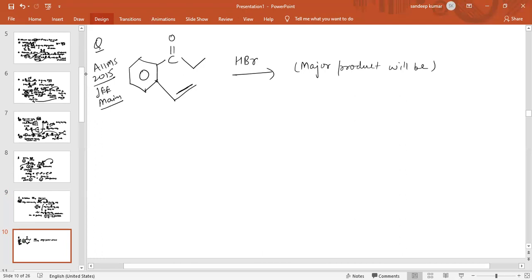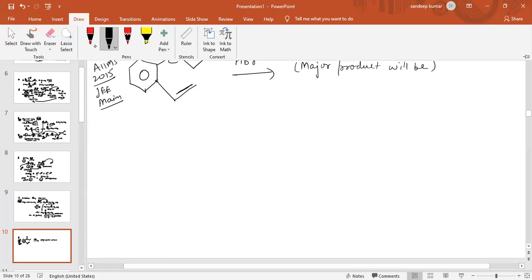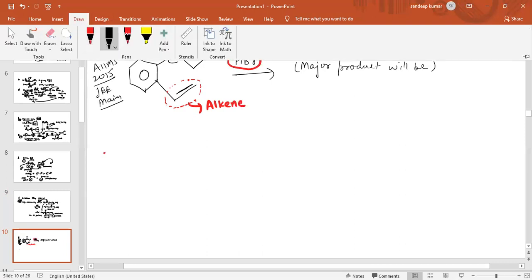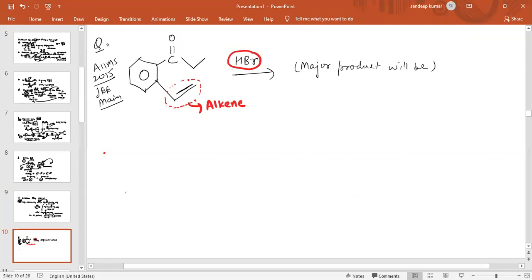See, look for the double bond. Where is the double bond? There is a double bond at this position. Again, this is a very simple question. This is basically an alkene, and this is the addition of HX, and we know in the first step there is an attack of the electrophile. The electrophile is H positive.